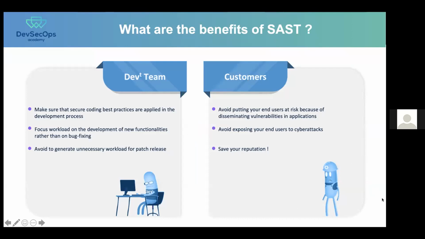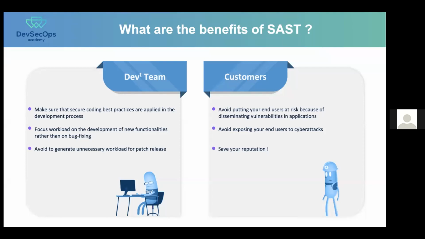Okay, so what are the benefits? There will be benefits for the development teams, of course, but also for customers. For development teams, you will be able to make sure that secure coding best practices are applied in the development process, identify which ones have not been implemented, and fix the problems.